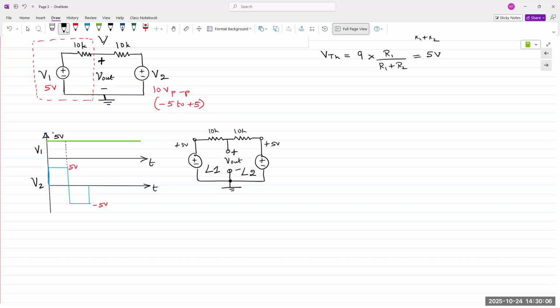Then what is the difference between the 2 points? Zero. There is no difference because they are the same. The key point is the difference. If both are at 5 volts, there's no difference. Voltage is the potential difference. If there is no difference, that means the voltage is zero.